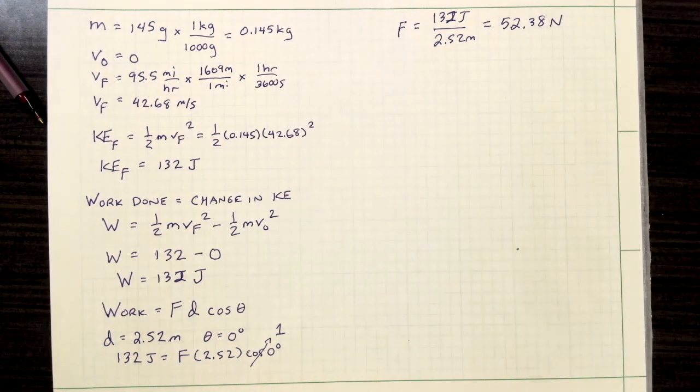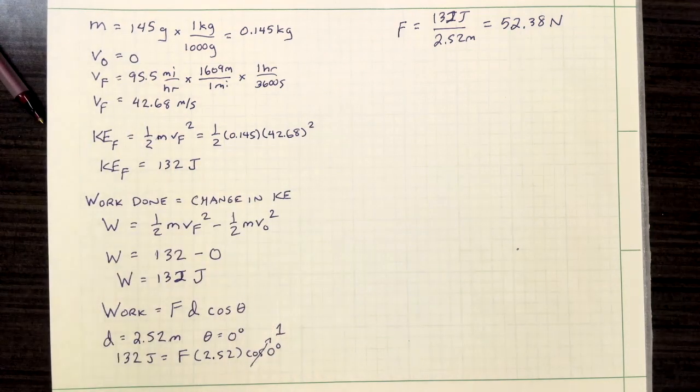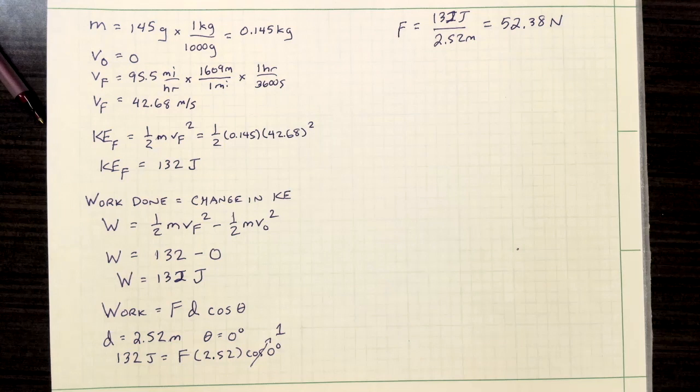Now, since the problem has 3 significant figures, we'll report that as 52.4 newtons of force. Again, we're considering this force to be constant. In reality, it probably isn't. It varies, but we're assuming it to be constant here, a value of 52.4 newtons.